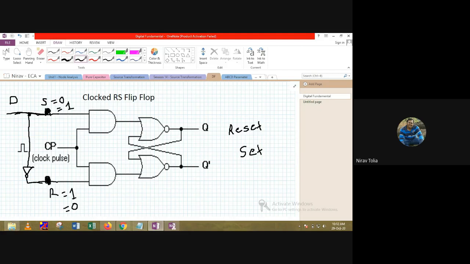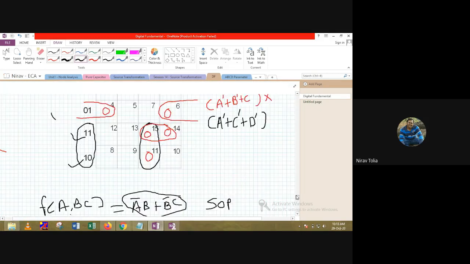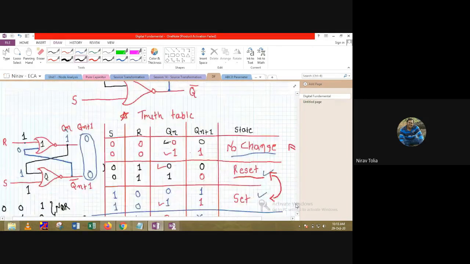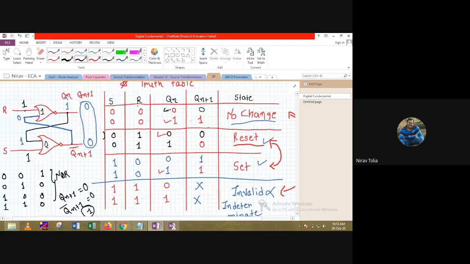We do not require S and R 0 0 and S and R 1 1 states because when S and R is 0 0, the state is the no change state. If our state is not changed, then we do not require that state. You can see in the truth table, if our input S and R is 0 0, then our state is no change.